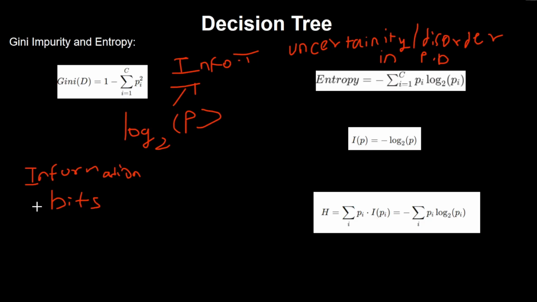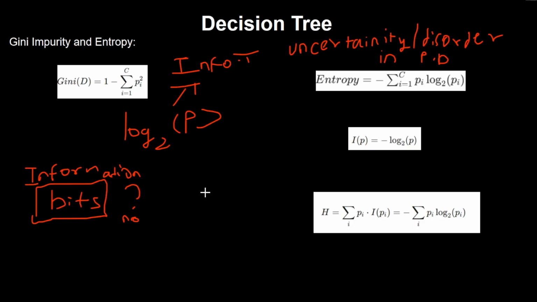Bits are nothing but the information we get after making a decision. In other words, how many questions we need to ask to make a decision.